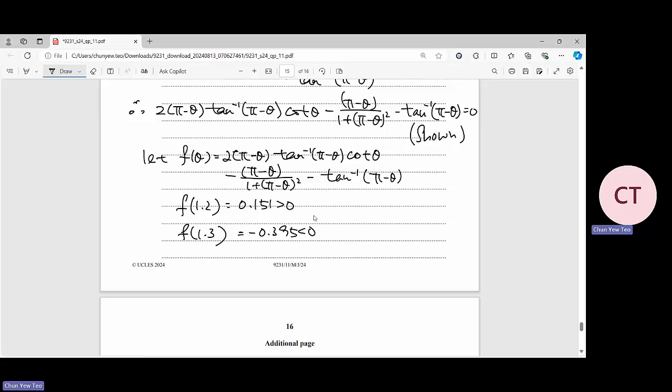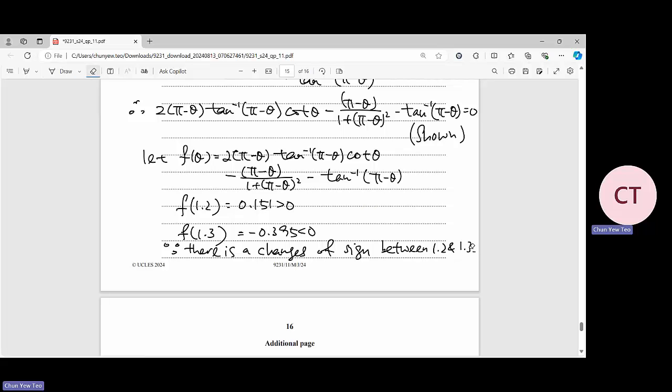So you can see that you have a change of sign between 1.2 and 1.3.